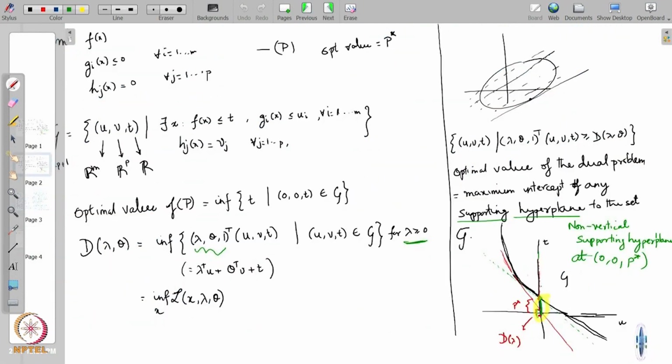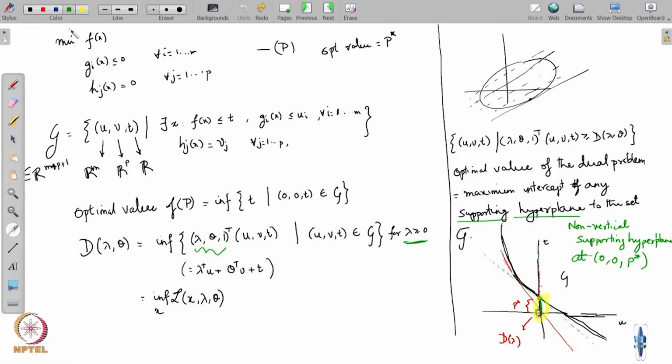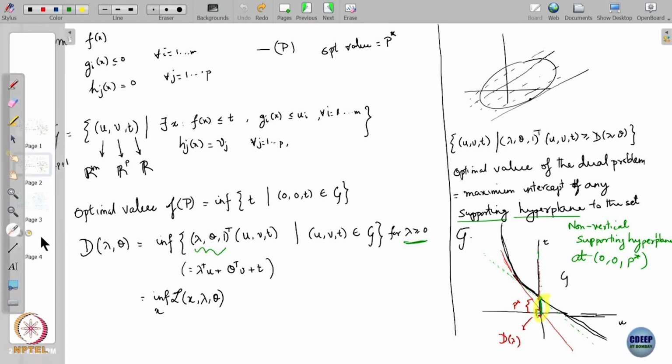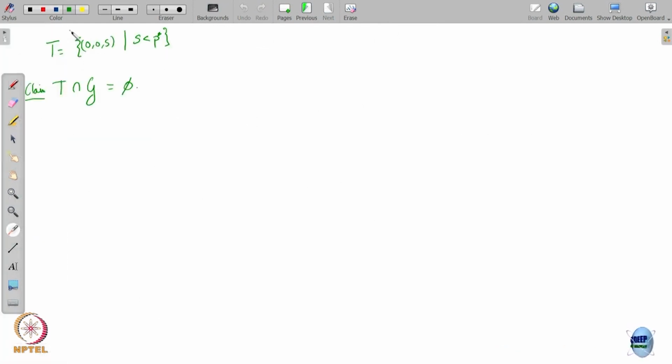You would think that yes, T intersection G is empty, but it needs a bit of proof. See, for example, that G could very well go down here and then intersect here again and so on. So we have to be a little careful and rigorous about this argument. So let us do that. T intersection G is empty.